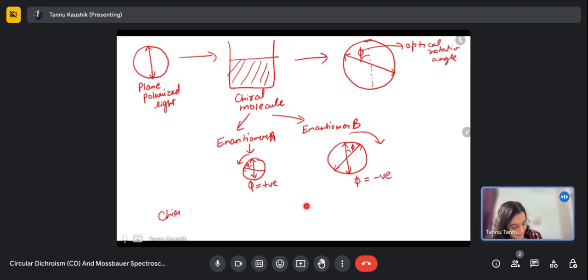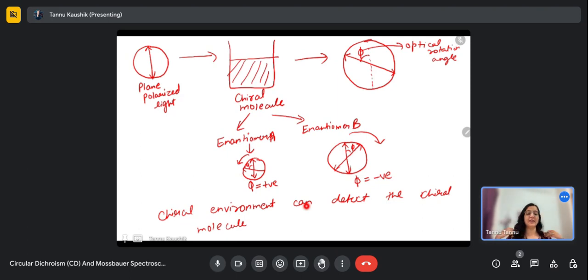So the chiral environment can detect the chiral molecule. If we have an unknown sample and we see that the light coming out of that sample is rotated at a certain angle, then we can say that this unknown sample possesses chirality, and if not, then it will be achiral.